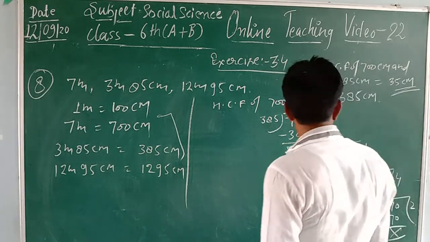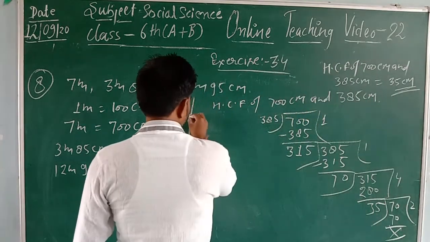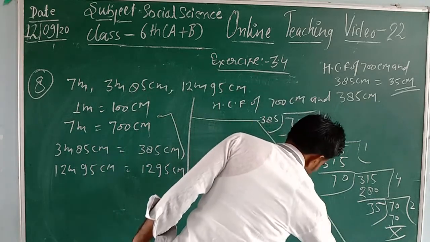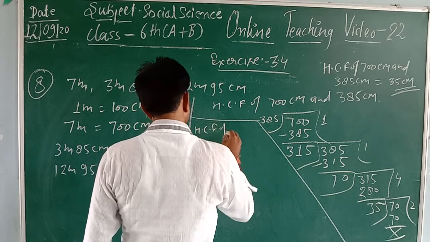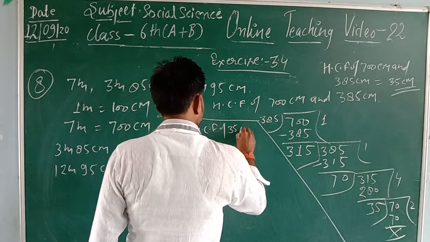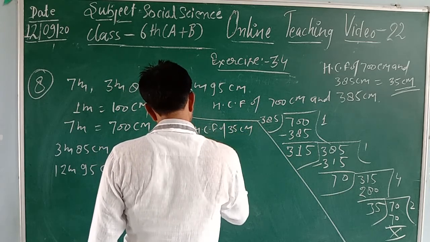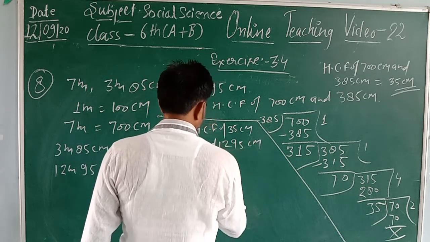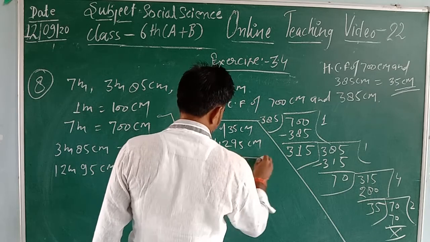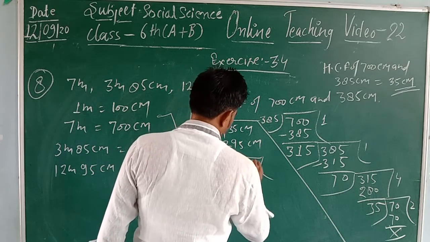So this is the HCF of two numbers. Now the third number is remaining, so we find the HCF of 35 centimeter and 1295 centimeter.